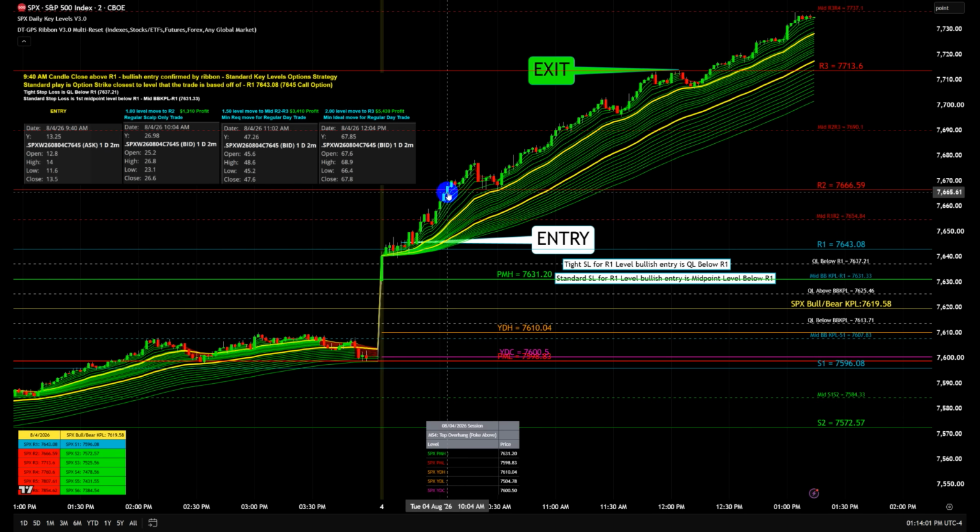So when the price of SPX hits the R2 level, that is your trigger to either exit the trade 100% on the scalp, or you can do an adjustment if you want to stay in the trade and see if you're going to get a further move. The adjustment you would make at that time is to at least move your stop loss to break even, which is the price you paid, in this case $13.50.